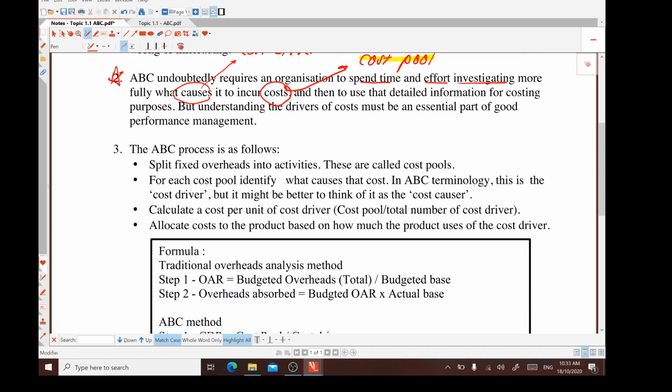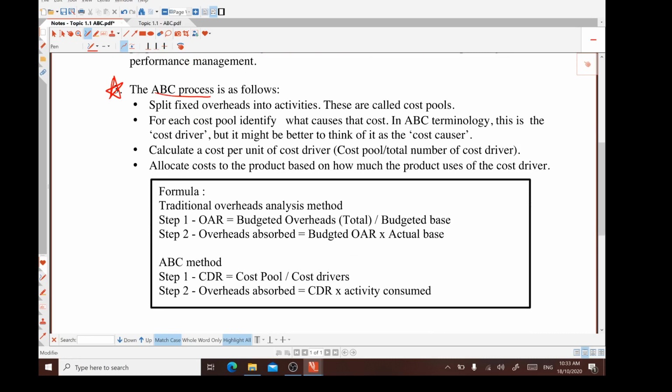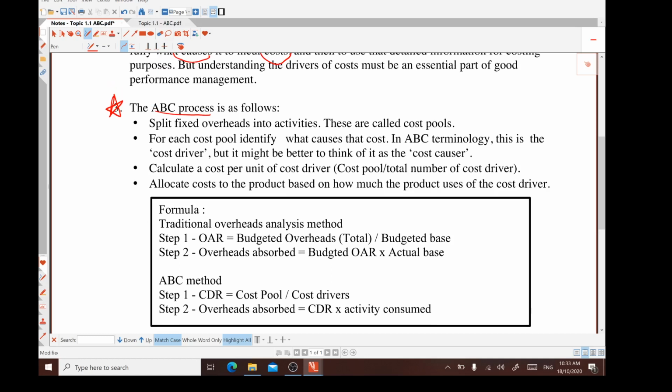Now, let's have a look at the third point here, which tells us about the processes. Okay, that's important. Number one, if you go for activity-based costing, the process, as you can see from here, is to split the fixed overhead cost into activities. And that's what we call the cost pool that I mentioned earlier. So it's unlike the traditional method.